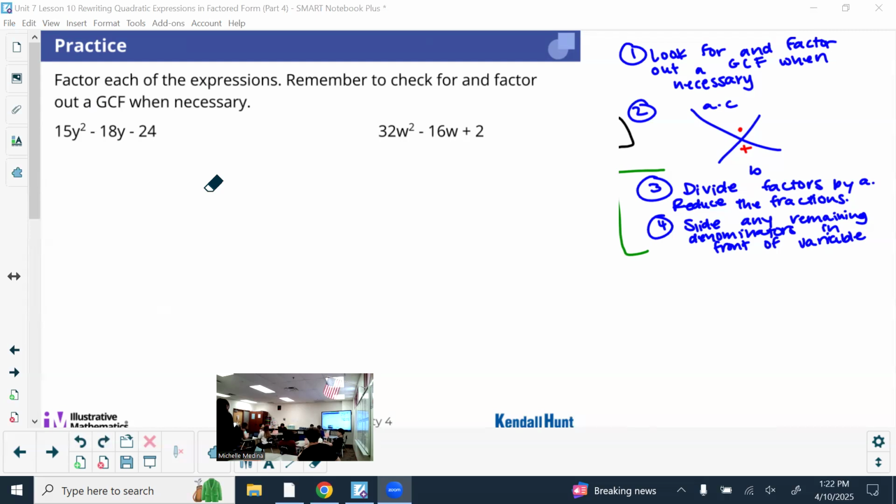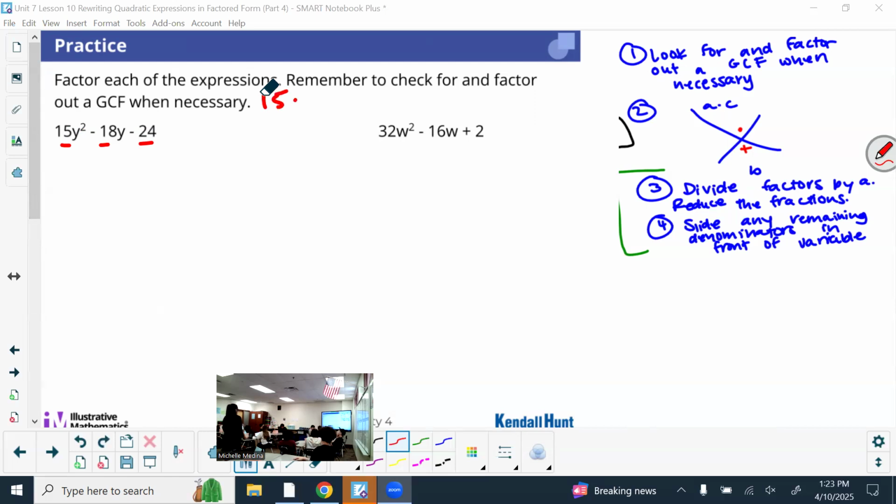Let's look at the first one. Is there a GCF between 15, 18, and 24? 2 is not divisible into 15. 3, is there one that's greater than that, or is that the greatest? Is 6 divisible into all of them? Okay, here's a tip: it can never be bigger than your smallest number.